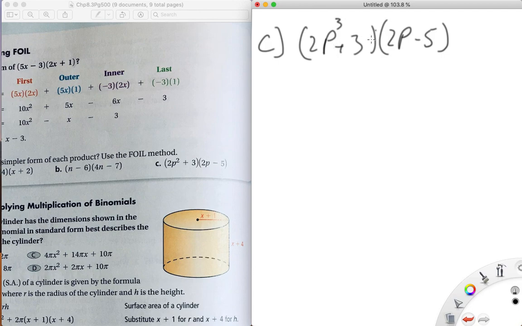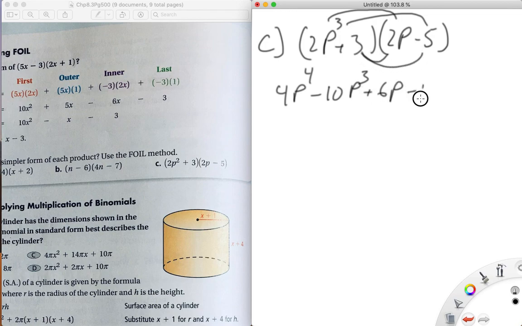FOIL again: first, outer, inner, last. 2p cubed times 2p is 4p to the fourth power. 2p cubed times negative 5 is negative 10p cubed. 3p times 2p is 6p, and 3 times negative 5 is minus 15.